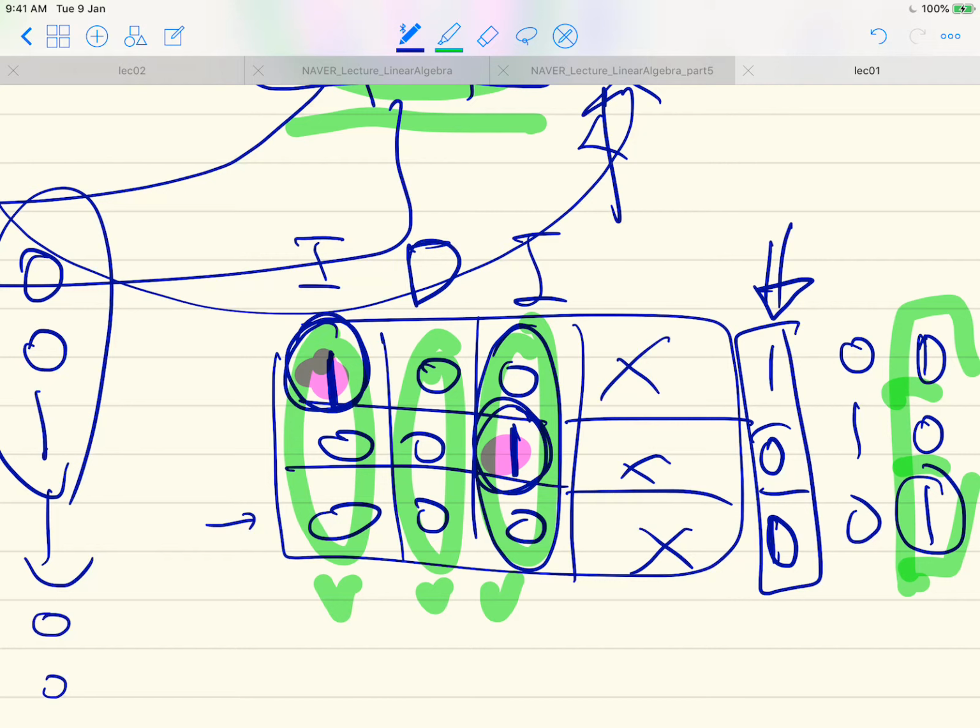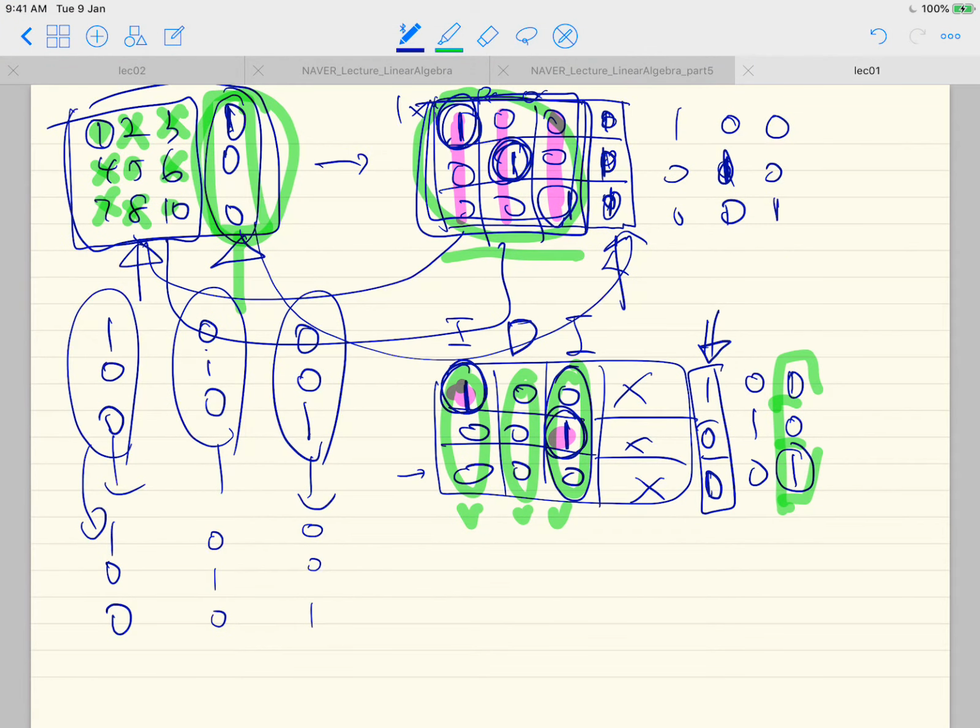And so it means some rows should be completely 0, right? In the case of having a strictly smaller number of pivots than the number of columns or rows, this is when we cannot find the inverse matrix. Okay?